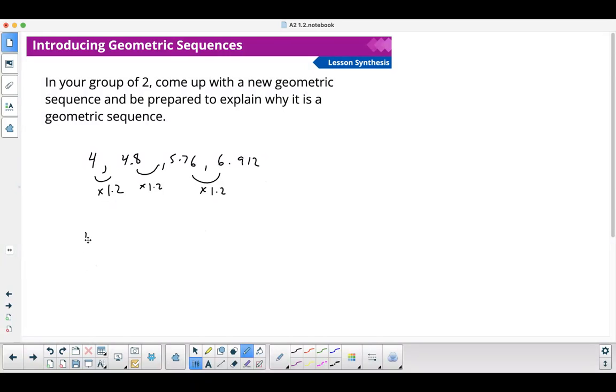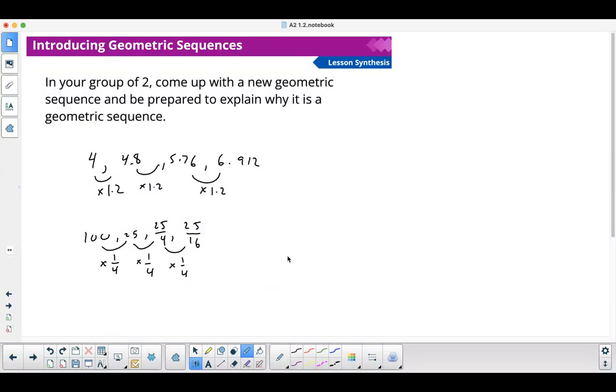Let's do another one. I'm going to start out with 100. And I don't know, let's times it by 1/4. Okay, so that's going to take me down to 25, times 1/4. So I'm just going to leave it as a fraction. I'm going to make it 25 over 4, times 1/4. So that's going to be 25 over 16.